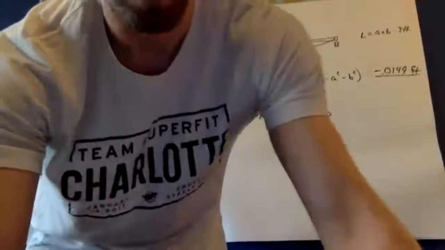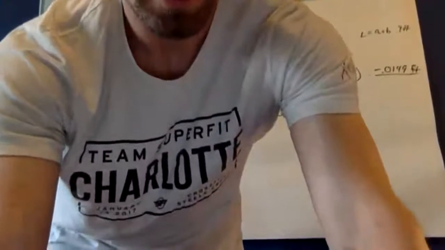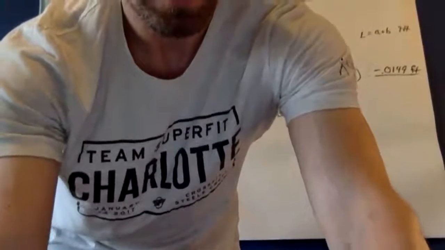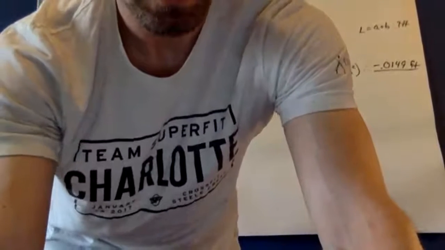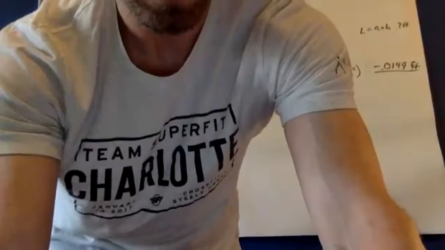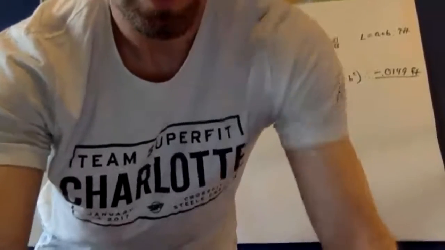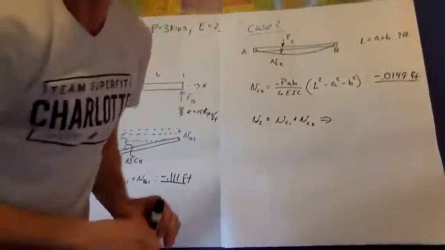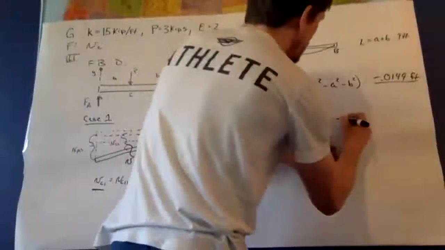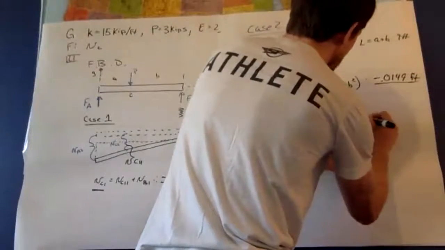VC is equal to VC1 plus VC2. And then I get a final answer of negative 0.126. And that's in feet.